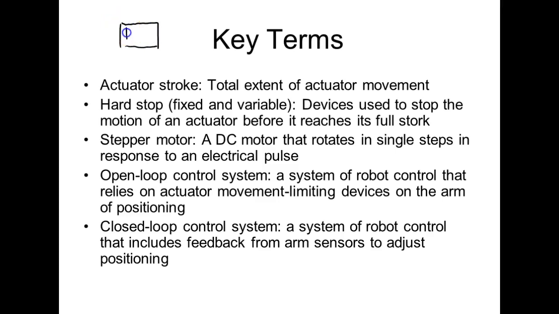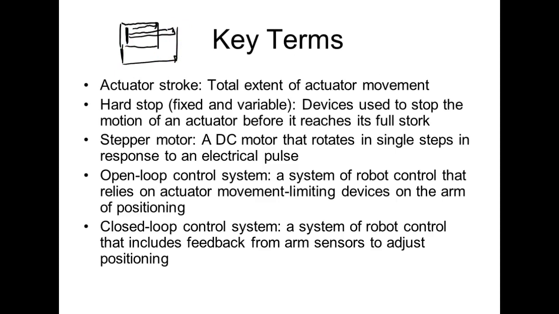So if we move something in a straight line, I'm going to put a pneumatic cylinder over here. It can move a certain amount of distance. Well, as soon as it comes up here and hits that valve, that front part, it's going to stop. And that would be what we call the actuator stroke. So the actuator stroke is the maximum it can move from this end all the way to that end.